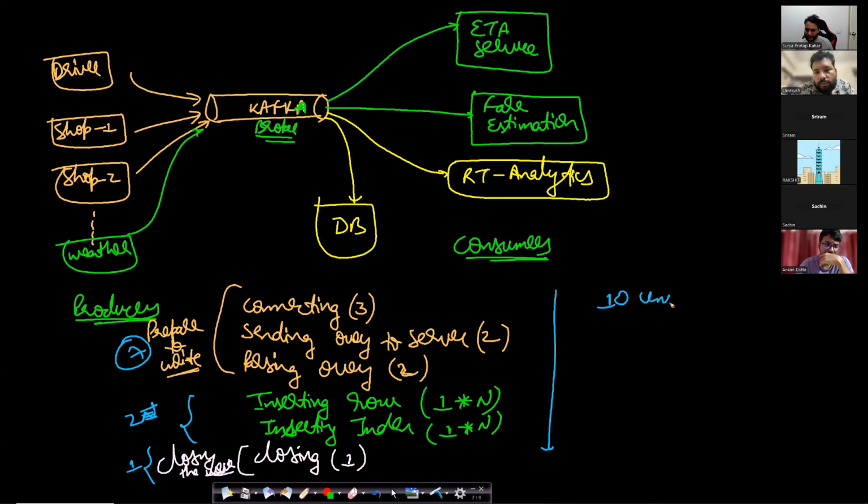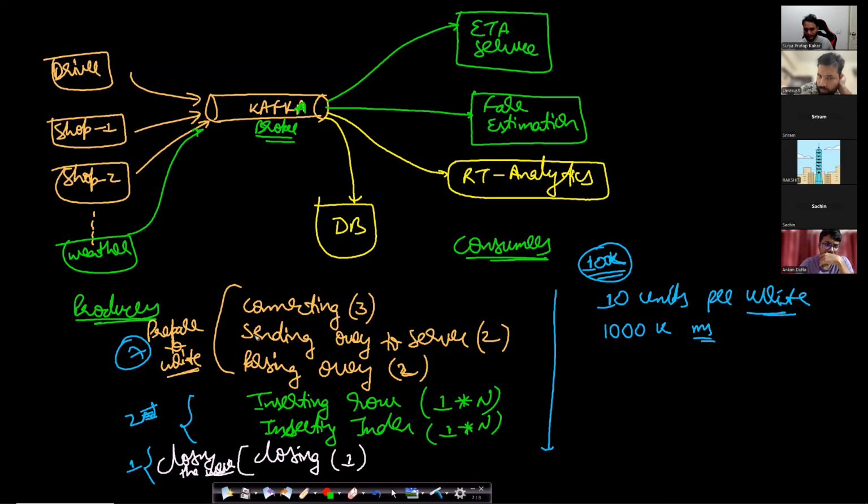So 10 units per write. Now if you are doing, let's say, 100K writes, then you are taking 1000K units of time, or let's say 1000K ms.